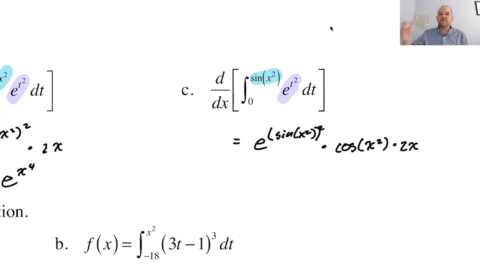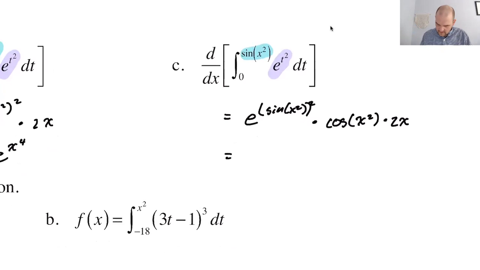If you need the chain rule to find a derivative, you use it. So this is going to be 2x cosine of x squared, and then e to the sine squared of x squared. And that's your derivative, right?